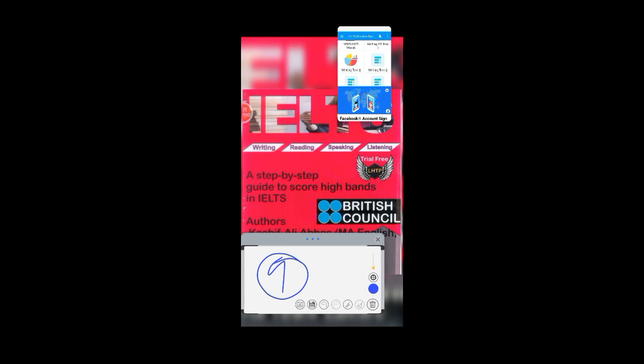The only reason why students don't get 9 band or 8.5 or 9, I'm not talking about those who have already got it, I'm talking about those who are struggling, is that they don't pay much attention to learning English, or they don't give much time to English. For example, if they are reading, they don't read newspapers, they don't have functional vocabulary, they don't have other vocabulary, they don't know the sentence structure.